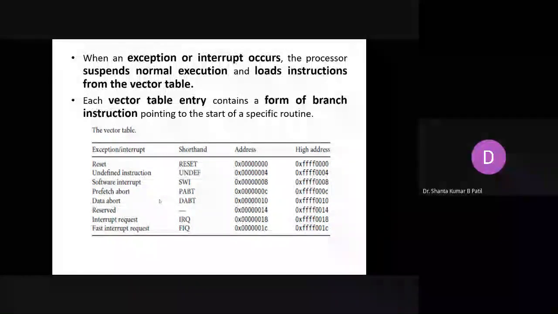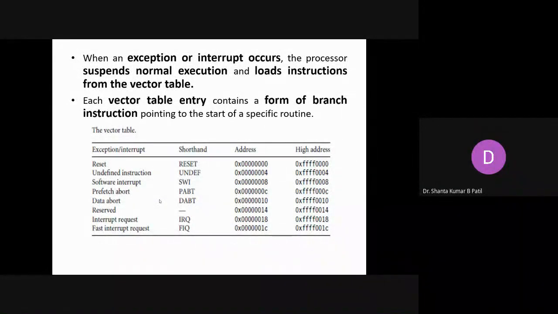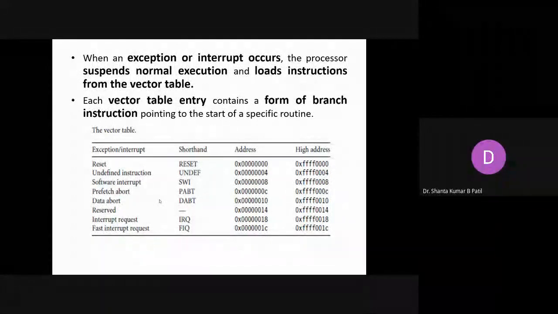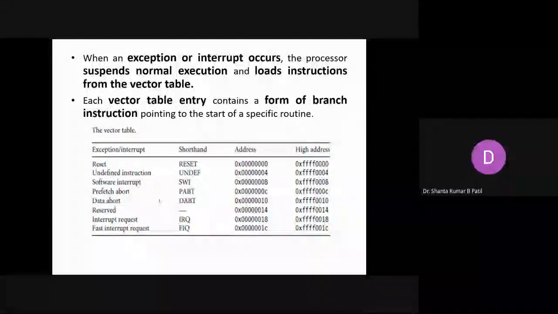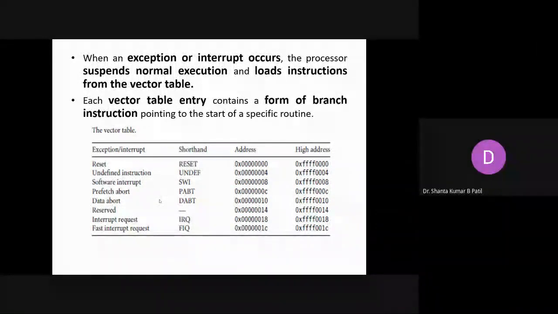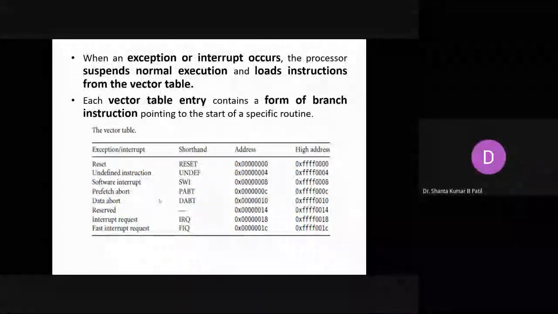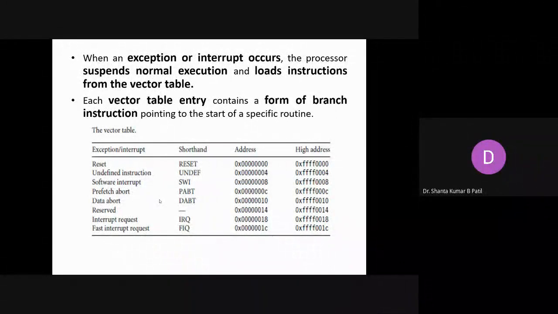So how do you come to know? It executes wherever you make mistakes. For each mistake, the expert has written an ISR. Whenever the processor comes across a mistake, it immediately executes the ISR of that particular mistake, and it tells you that this is the line where you made the mistake.